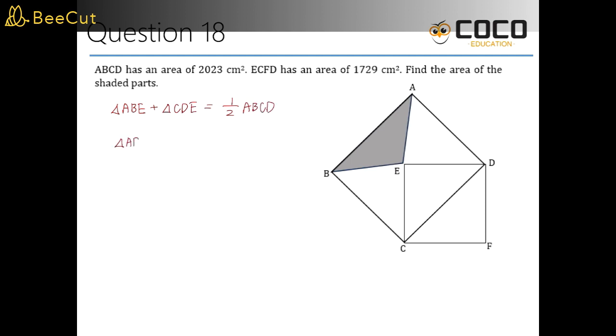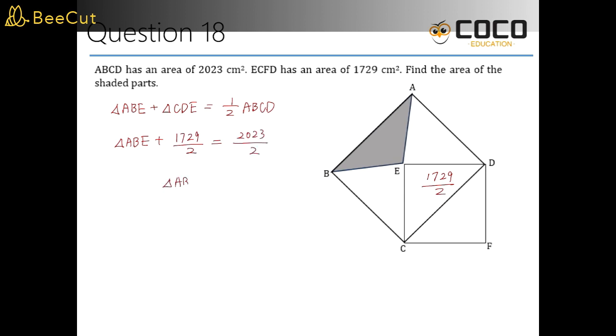So let's work out the value. Triangle ABE plus, now triangle CDE is half of the square. The square is 1729, so there's 1729 over 2. Half of ABCD is 2023 over 2.